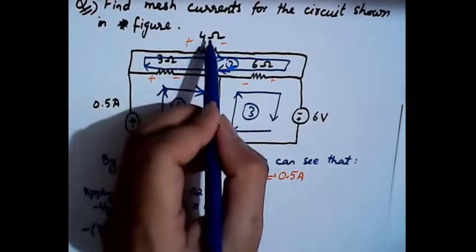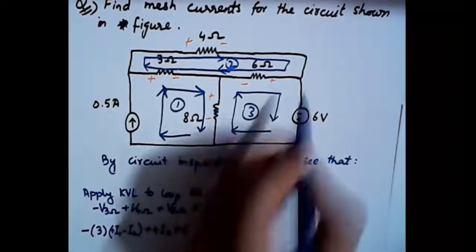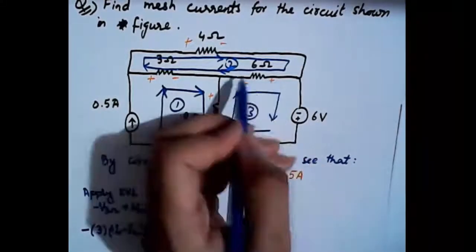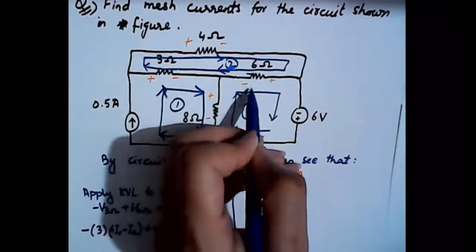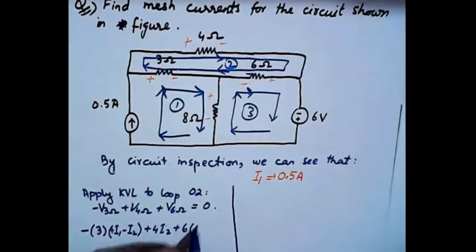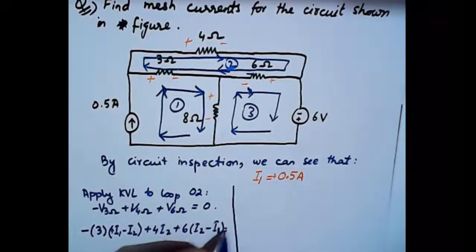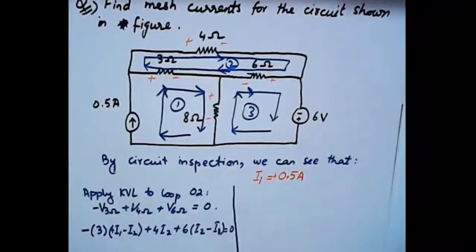Since the 4 ohm resistance is only a part of a single loop, its voltage will be simply plus 4 I2, and finally there will be plus 6 times I2 entering the positive terminal, I3 entering the negative terminal, so it will be 6 times I2 minus I3 is equal to 0, right?